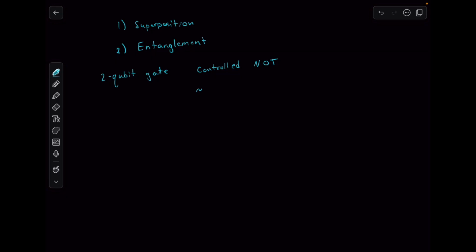So for example, we could have 2 qubits, Q1 and Q2, and the action of this controlled NOT is to flip Q2 if Q1 is equal to 1, and do nothing if Q1 is equal to 0. So this is what we mean by controlled NOT.